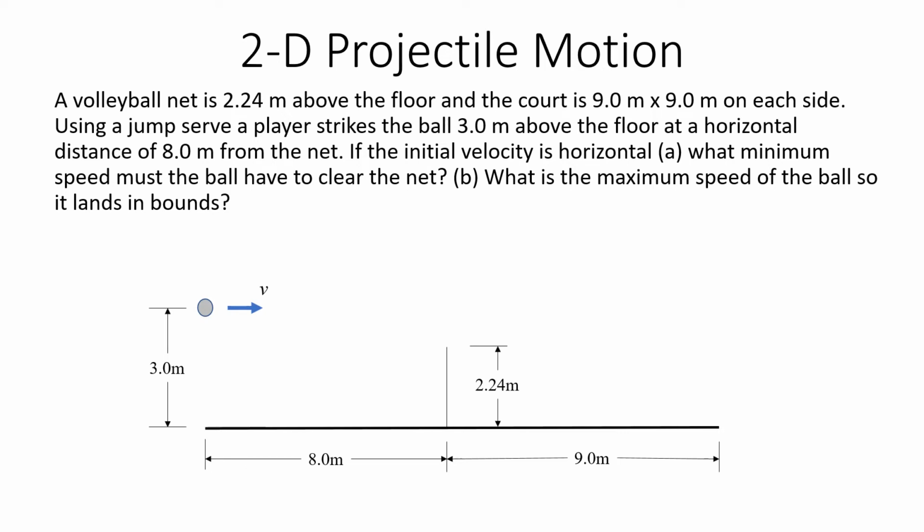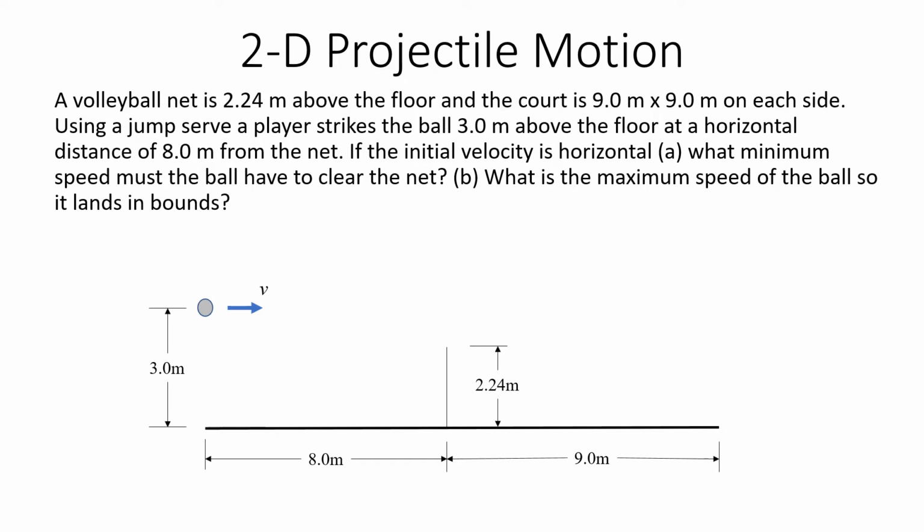Using a jump serve, a player strikes the ball 3 meters above the floor at a horizontal distance of 8 meters from the net. If the initial velocity is horizontal, part A, what minimum speed must the ball have to clear the net? And then part B, what is the maximum speed of the ball so that it will land in bounds on the other side?